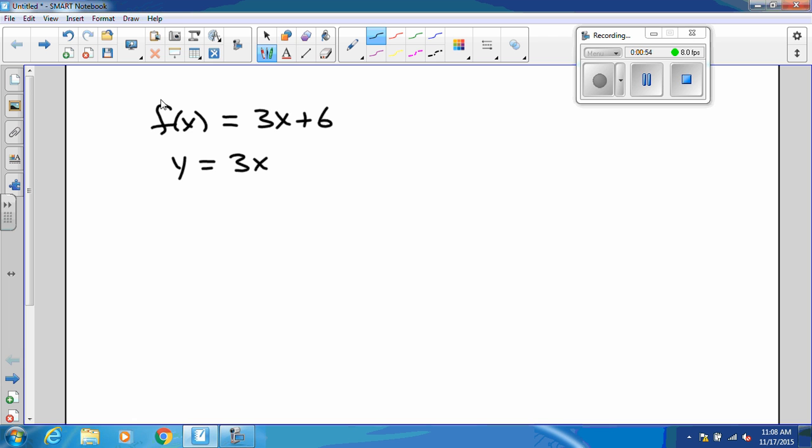If I begin with y equals f of x, and I solve for x, and then swap x and y, then I'll have my inverse function. You can reverse the order of these.